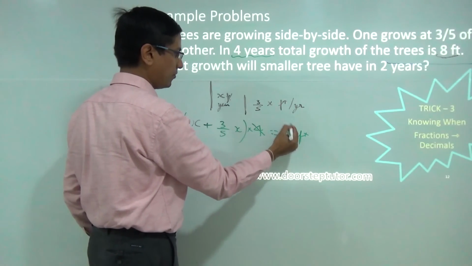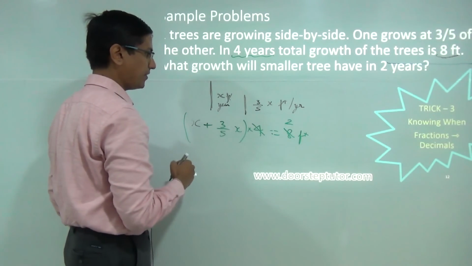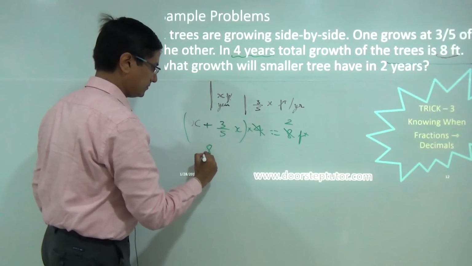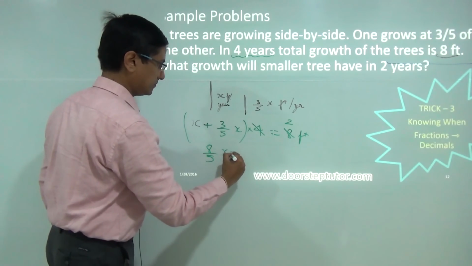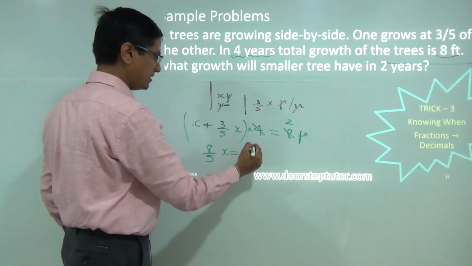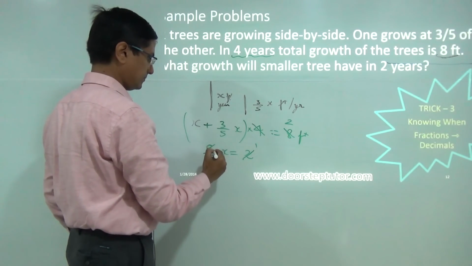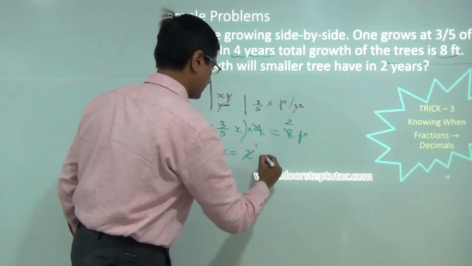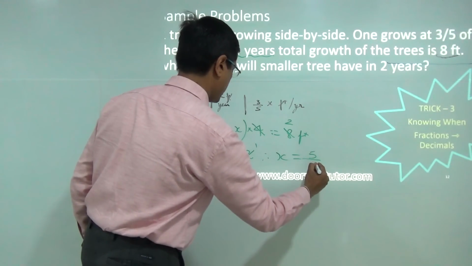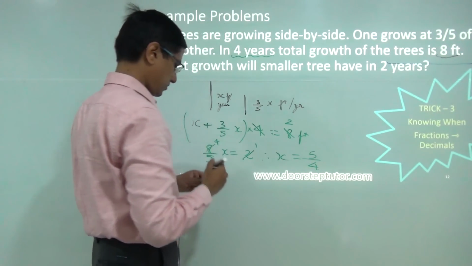So I can say 4 2s are 8. I can simplify this directly, and this thing I can quickly add. And again I can simplify. Therefore my x comes out to be 5 by 4.